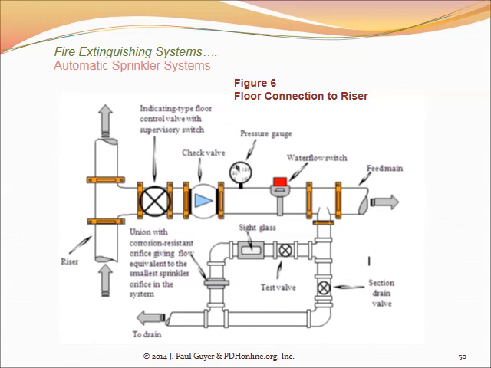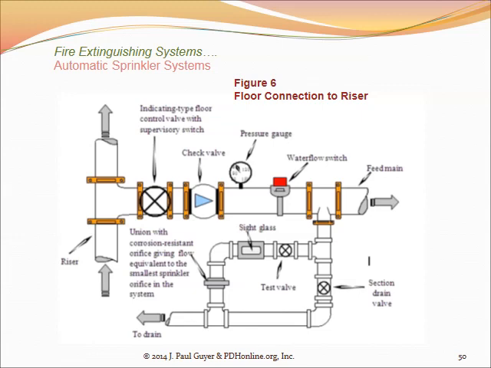And at each floor, you have a connection that looks something like this. And this is what your sprinkler system on that floor connects to. And these are the elements of this connection. You see, starting as soon as you tee off of the riser, you have an indicating type valve.